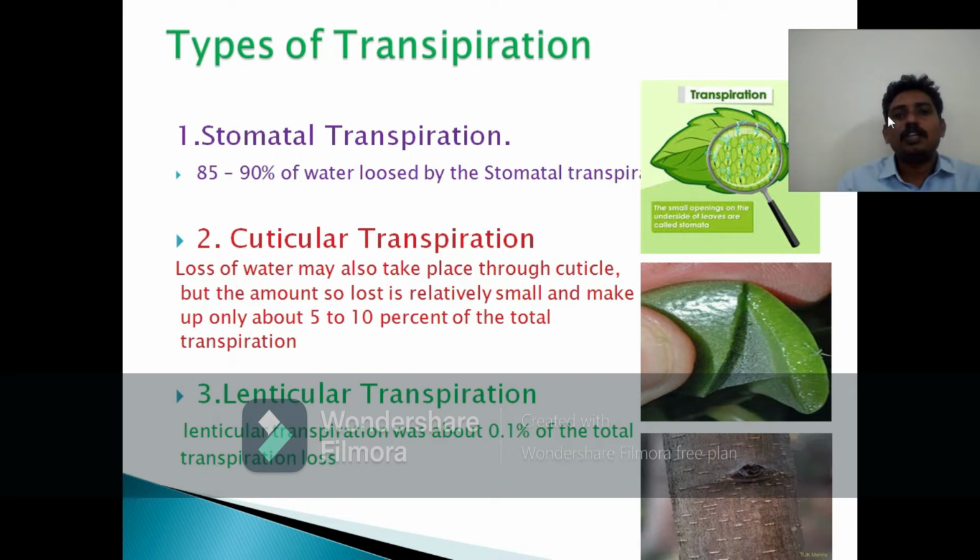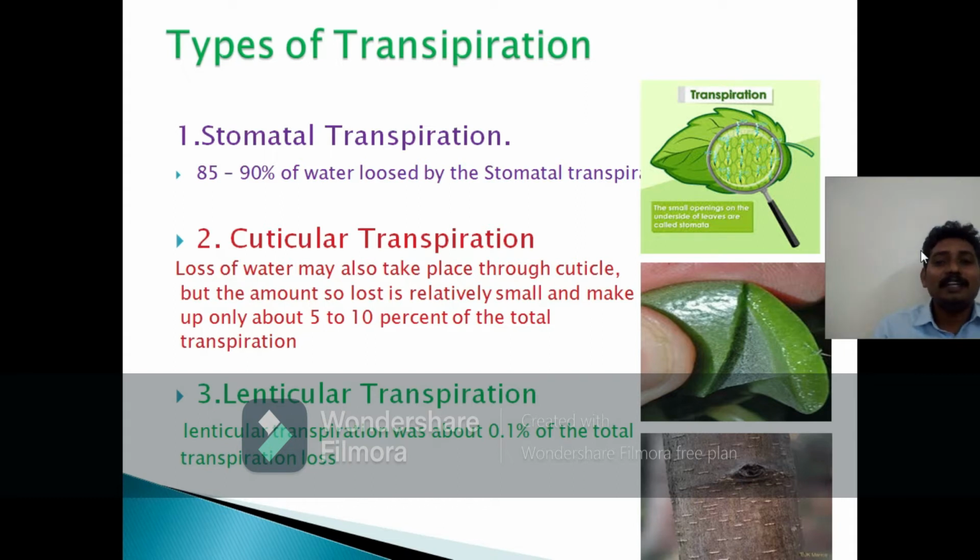The second one is cuticular transpiration. It is the loss of water through the cuticle, but the amount of water vapor lost is very small and makes up only about 5 to 10% of the total transpiration. So cuticular transpiration is just 5 to 10%. And the third one is lenticular transpiration, which means transpiration through the lenticels of the plants.